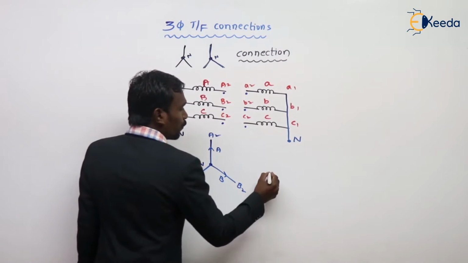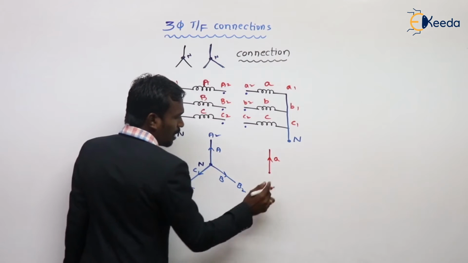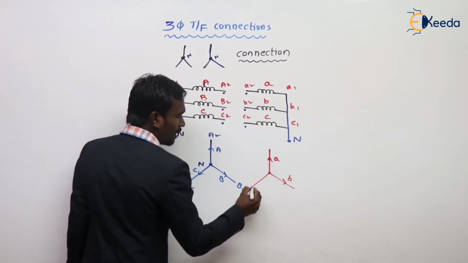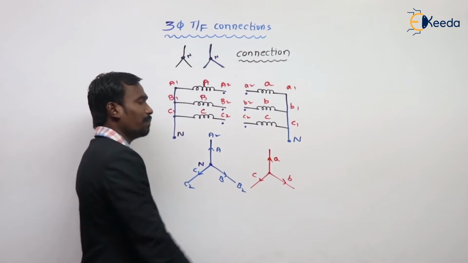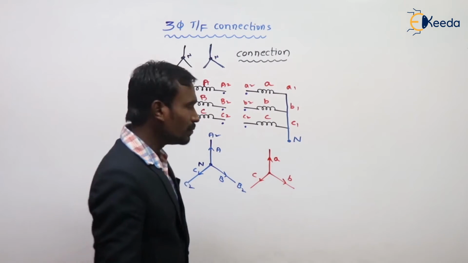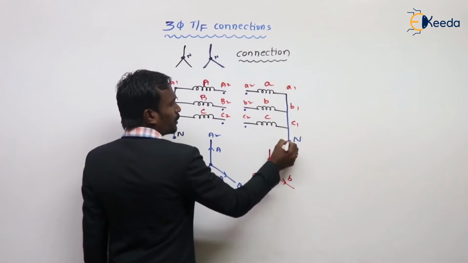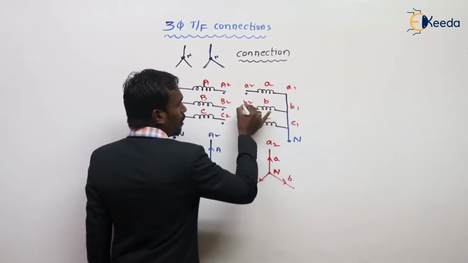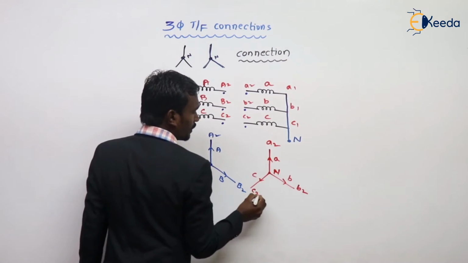So from here also, the small a should be here, small b should be here, and small c should be here. All should be in parallel. For example, this is my neutral, and from the neutral, small a is for A2, small b for B2, and small c for C2.